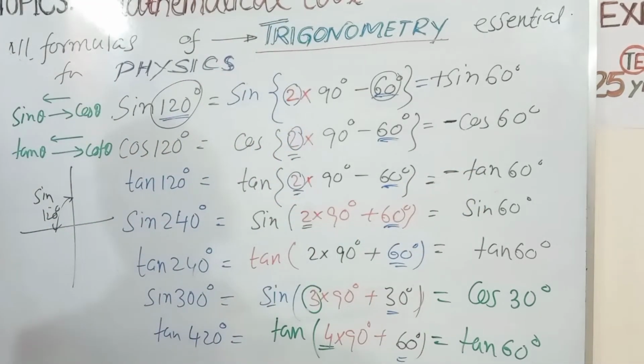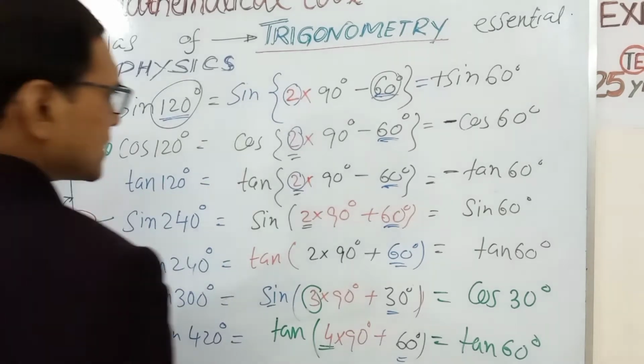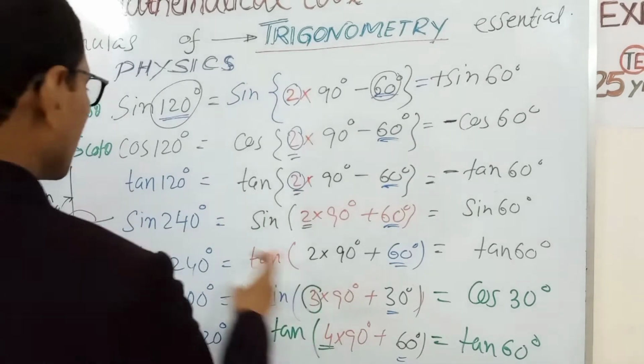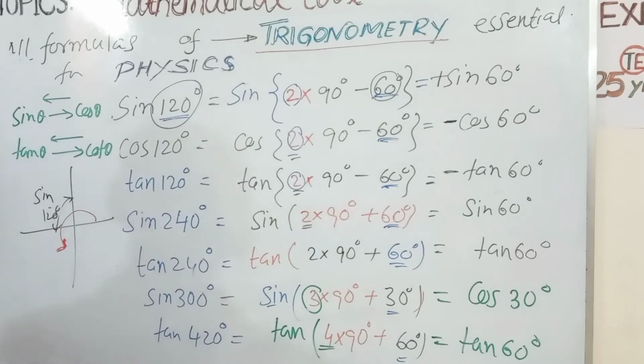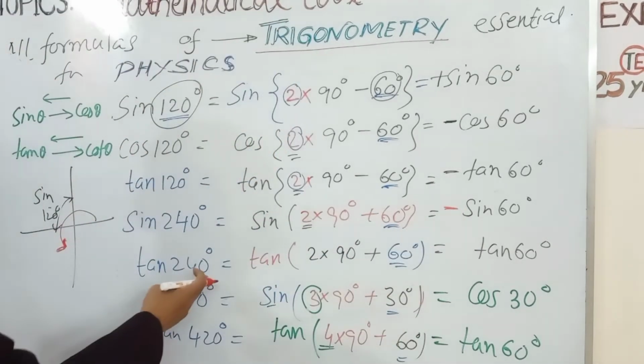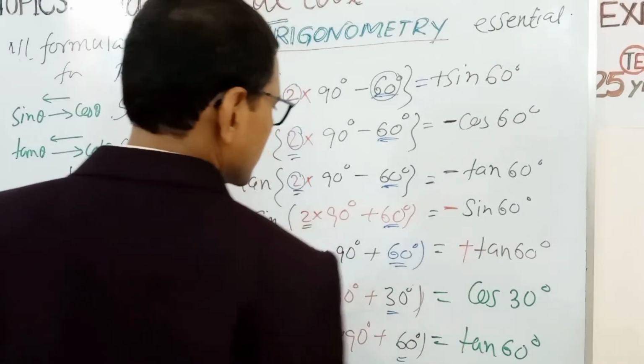240 degree, what is the 240 degree? 240 degree lies in the third quadrant, and in the third quadrant tan and cot are positive, sine becomes negative, so this is a negative value. And tan 240, when 240 is in the third quadrant, tan is positive, so here positive.